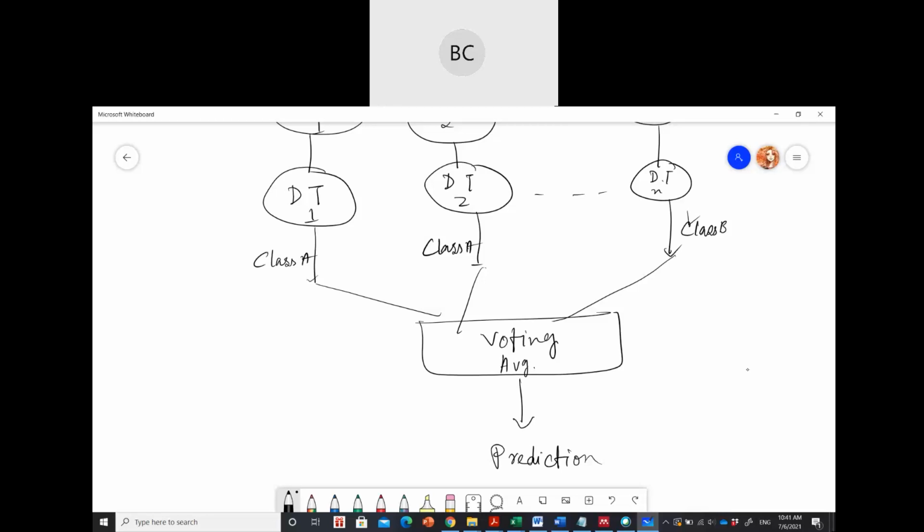It takes less training time because you divide your training data into subsets. It predicts output with high accuracy even when you use large training data, and it can also maintain accuracy when a large portion of your data is missing.